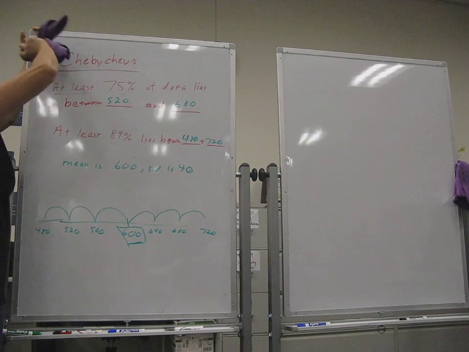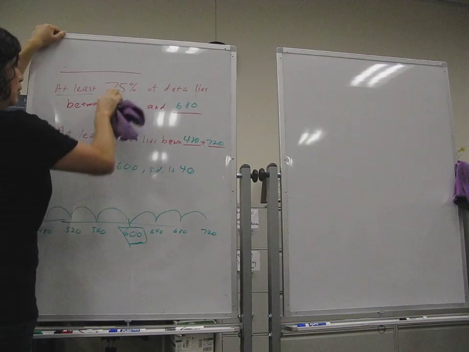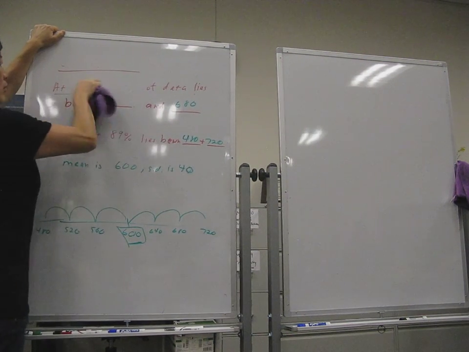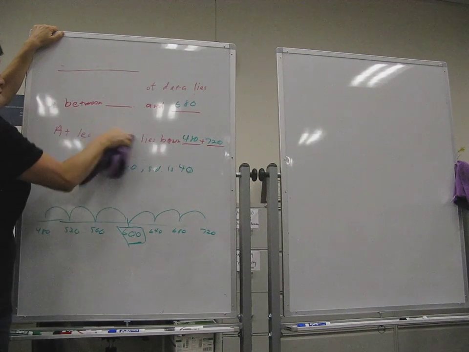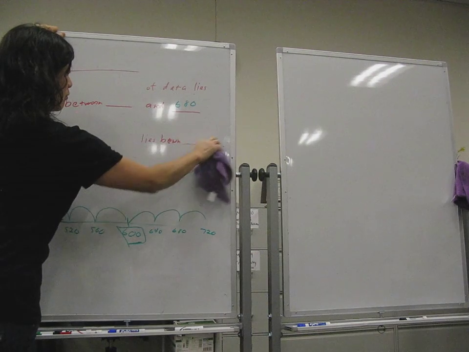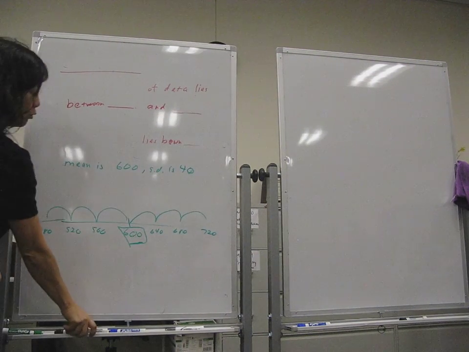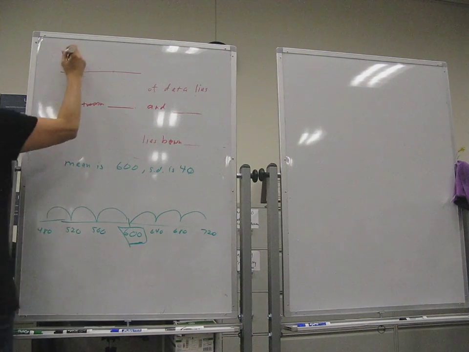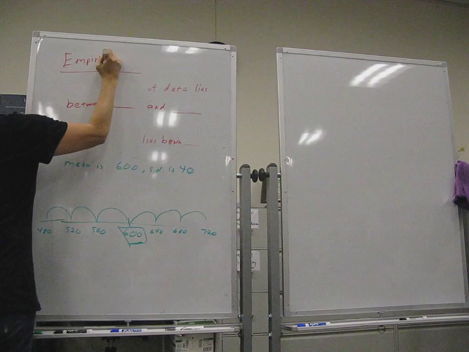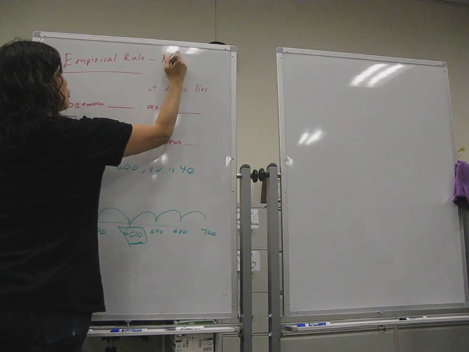Okay, empirical rule. Different. The empirical rule is a simple rule. It's for normal distributions only.